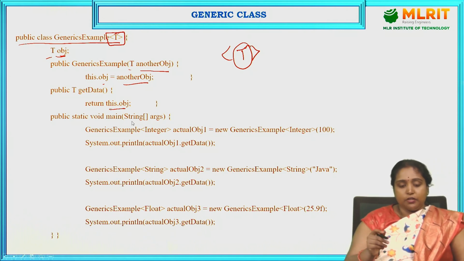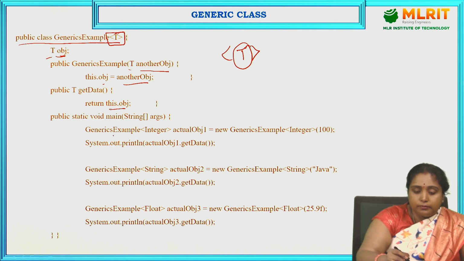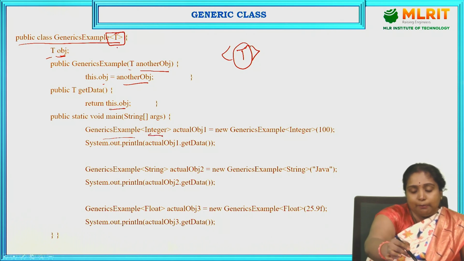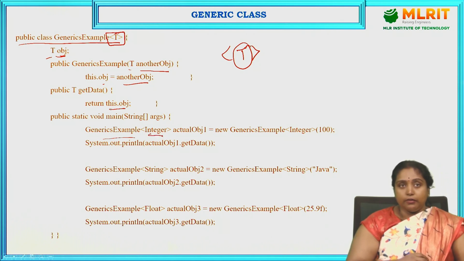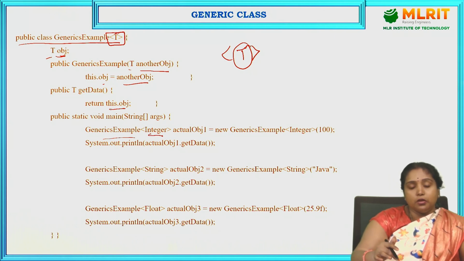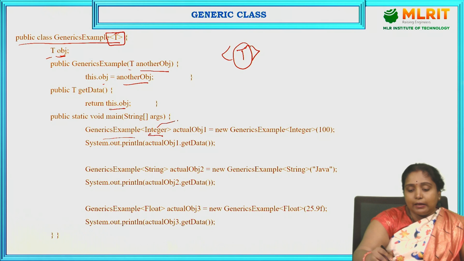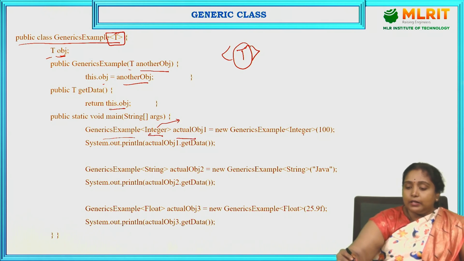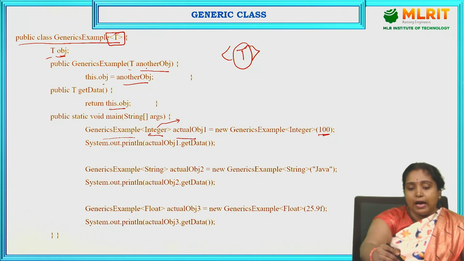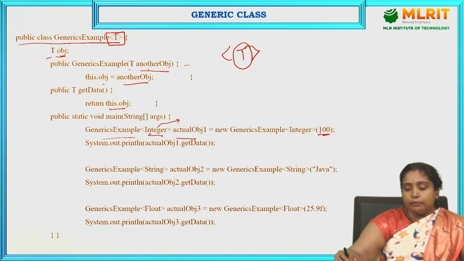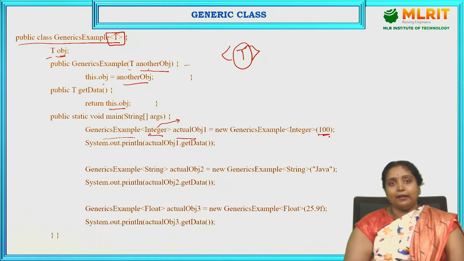Coming to the main function, in GenericExample I am taking the type parameter as Integer here. Whenever you create an object for a generic class, you have to give the data type here. Integer object 1, and for the parameterized constructor I'm giving the value 100.